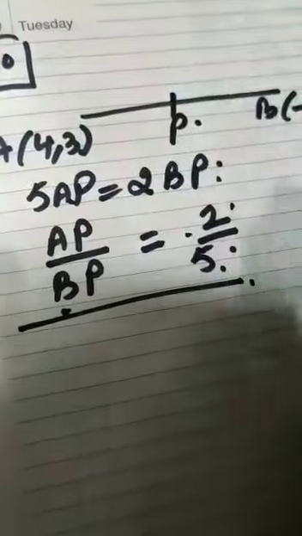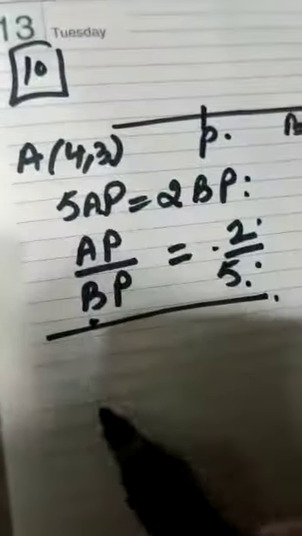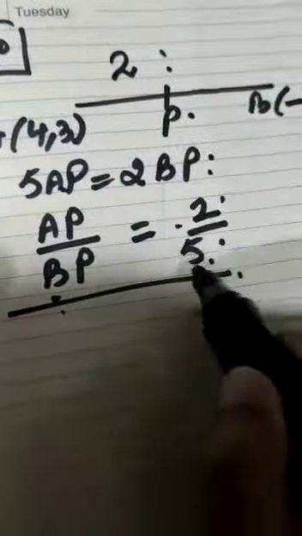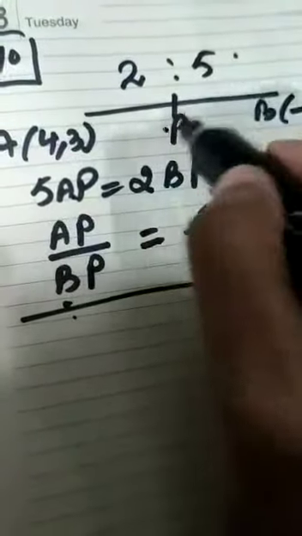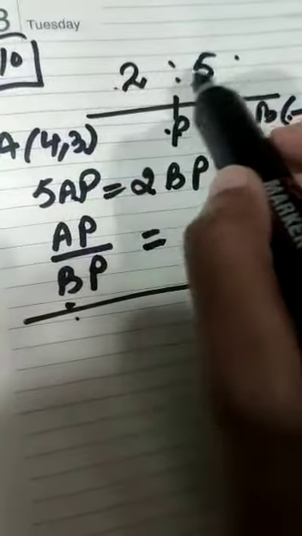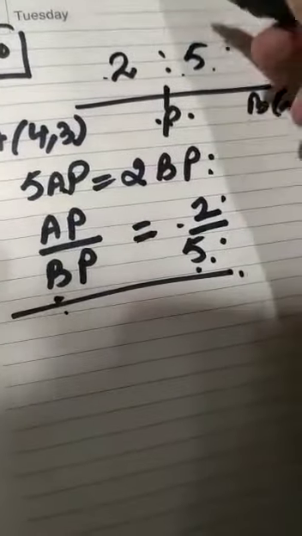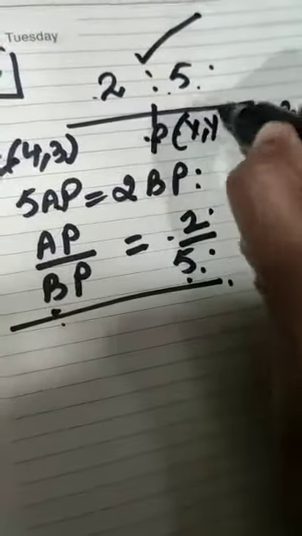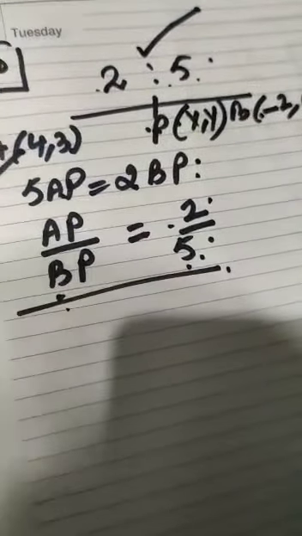Now we have one point P here. Now AP means 2 and BP 5. It means the ratio of AP to BP is 2:5. So again you have the ratio, you have point A, you have point B, so you can find point P by using the section formula.